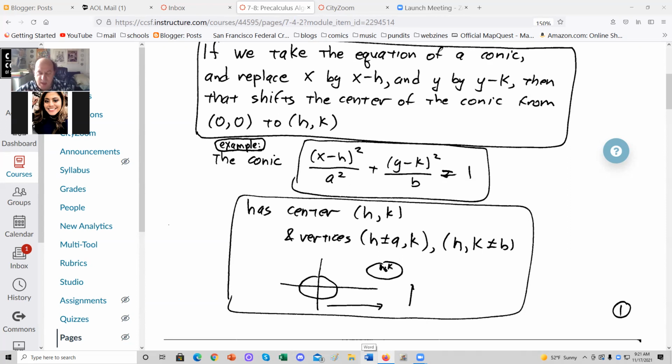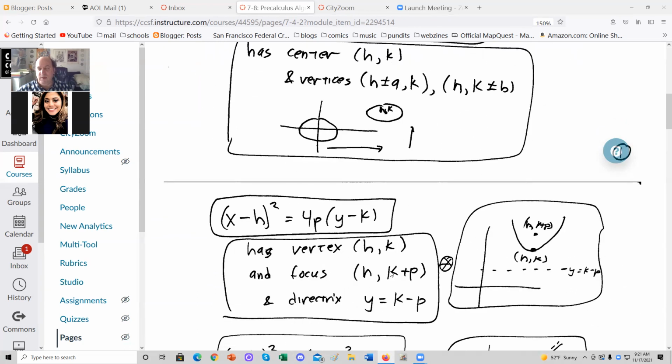I'll have to change that. So it should be b squared, but then the vertices there will be h by k plus and minus b. So we have an ellipse here. We shift it over h and up k like this.